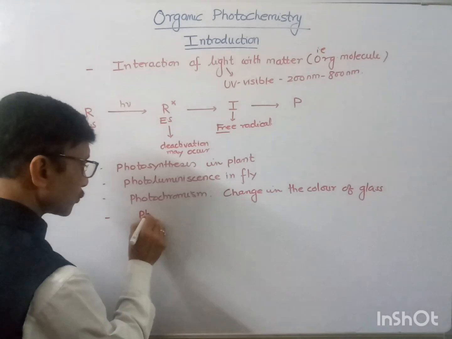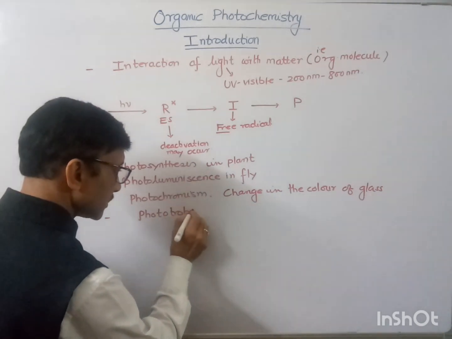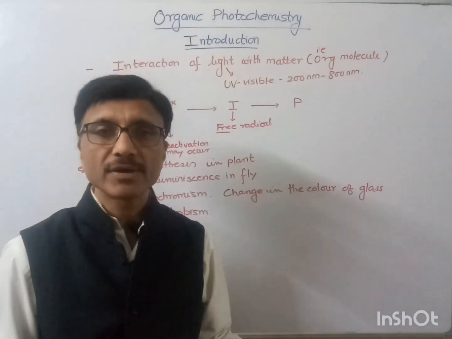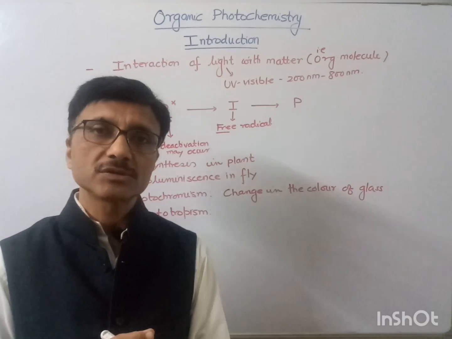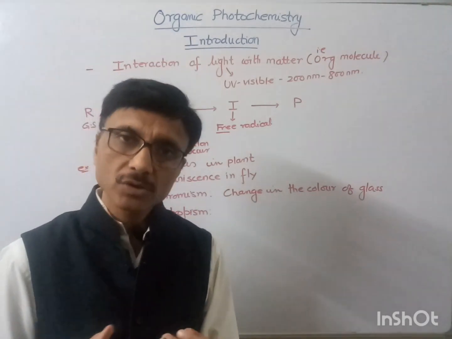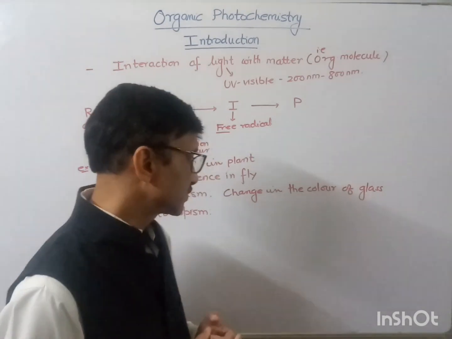Then phototropism is the next phenomenon. It is the orientation of some plants, which orient themselves towards the sunlight, for example, the sunflower.